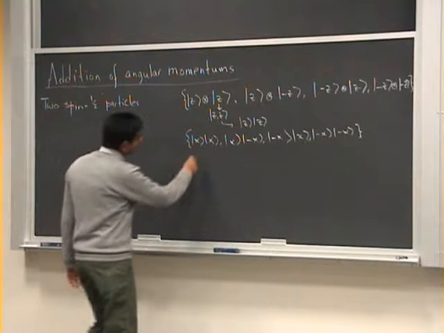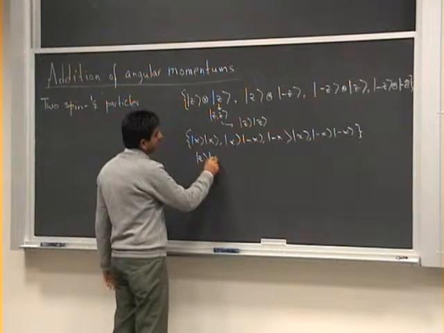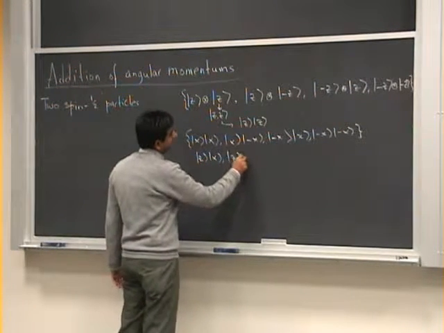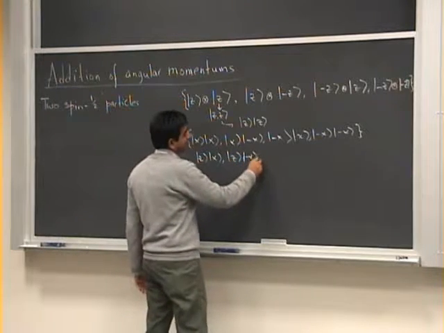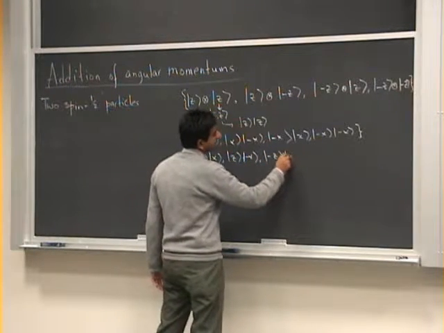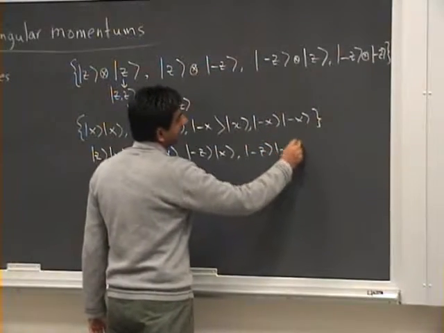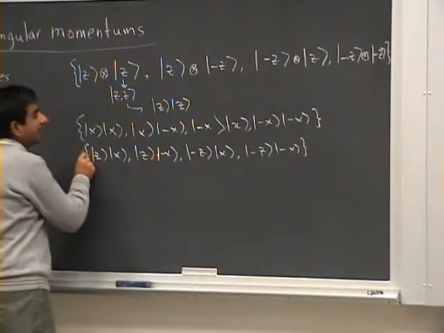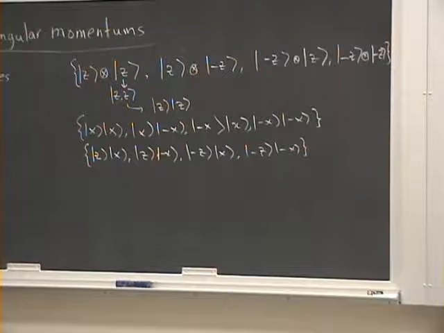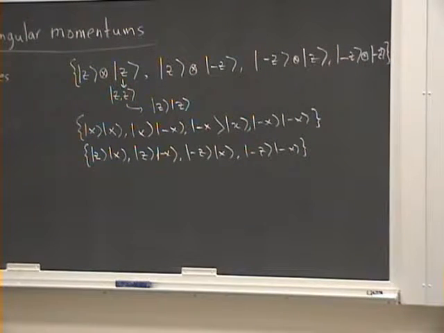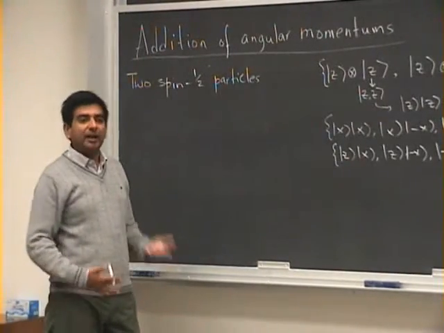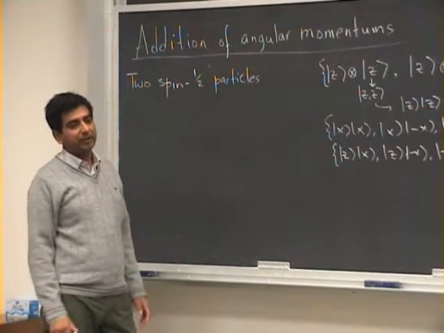We can also choose |z, x⟩, |z, −x⟩, |−z, x⟩, |−z, −x⟩ as our basis. So there is an infinite possibility of bases that we can choose. And the basis that we choose for the Hilbert space is independent of what Hamiltonian we are talking about.